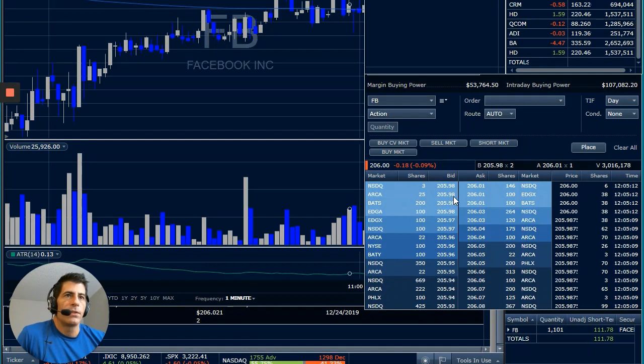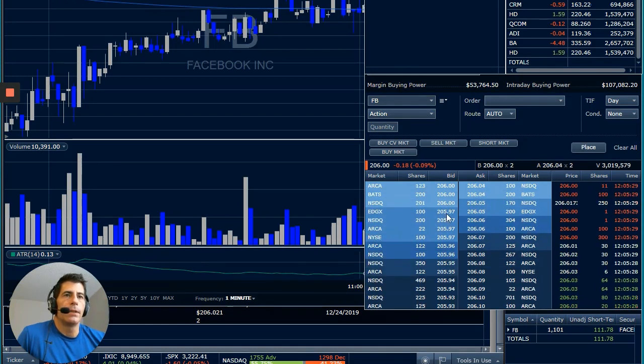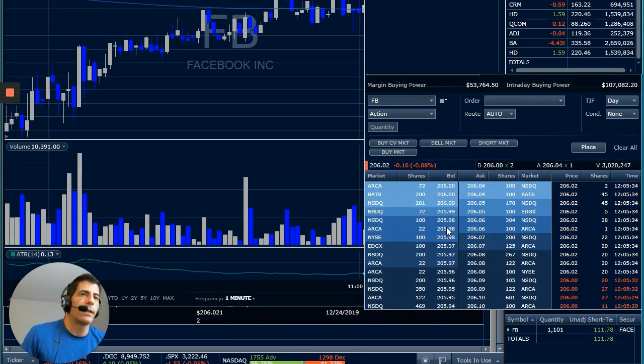But still, there are times when the market slowed down quite a bit, like in this last hour. For example, if you can make this out, you got 205.97, 98, and then you got 206.00. It just flipped, but you can get an idea of where you might be able to cover. It changes, but you have some price levels within a cent or two where you can probably get covered if you need to either buy or sell.